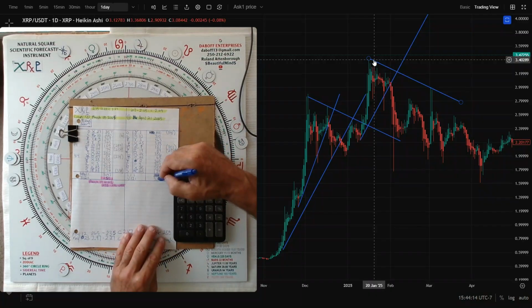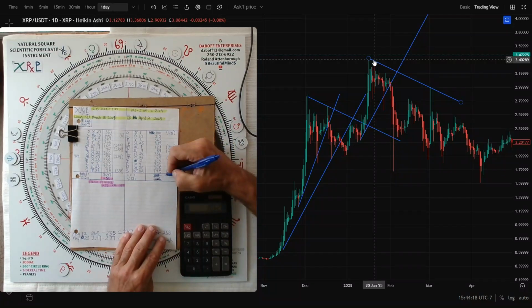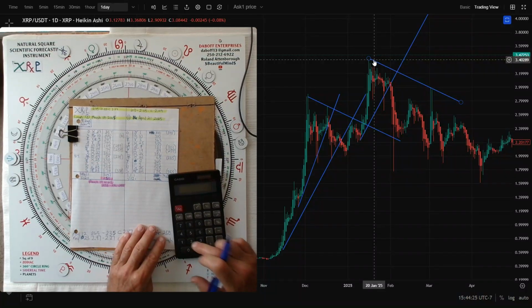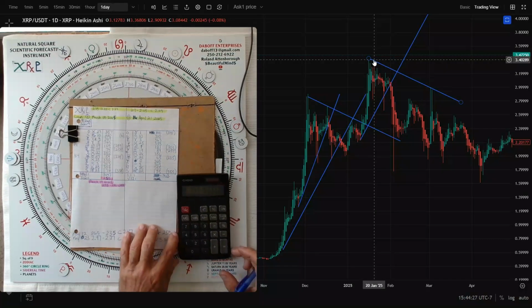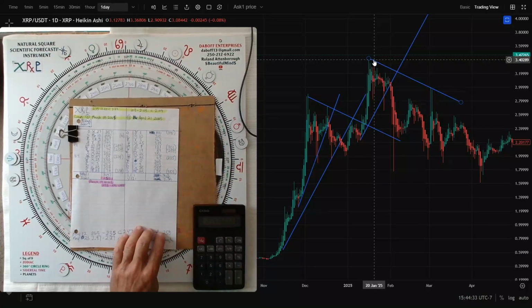I'm so sorry. Let's correct this. The sum total is 3062. Let's divide it by 12, and we get a price of 255. Well, substantially lower, that's for sure.